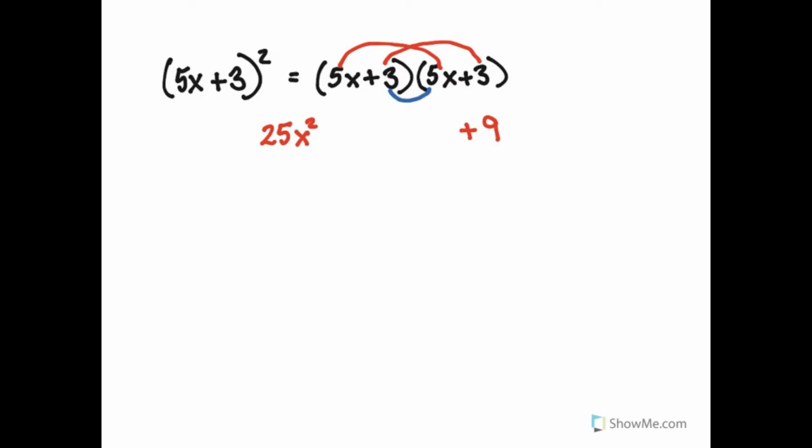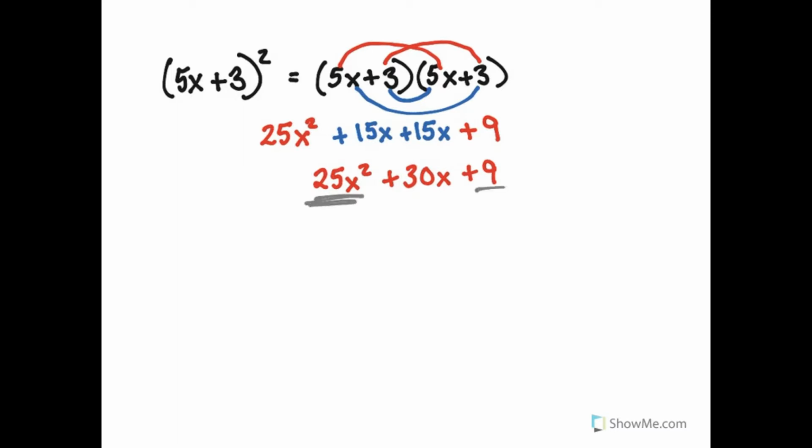I have a 3 times a 5 and another 3 times a 5, so basically I'm adding 15x twice. When I get all done writing it out, I have 25x squared plus 30x plus 9. I have two perfect squares, and then I have twice the product of their square roots.